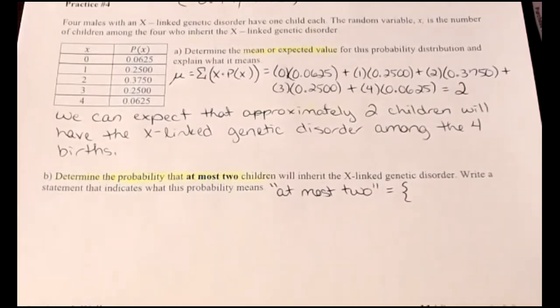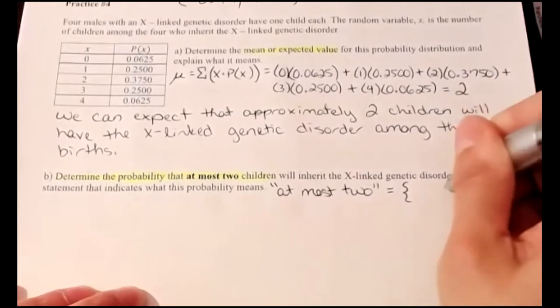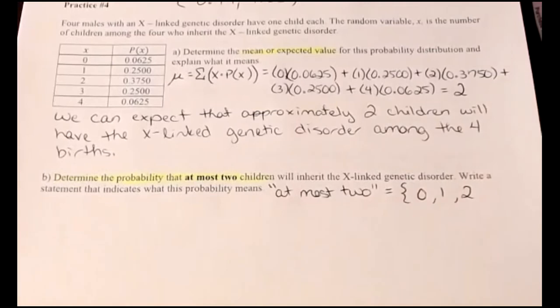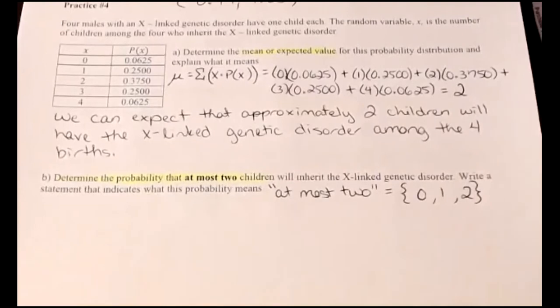That implies that 2 is a maximum number, but we also have to take into account every value below that. So 0 children, 1 child, and 2 children. Does that make sense? At most 2 and everything below it. Thank you, Sam. So we want to write a statement that indicates what this probability means.